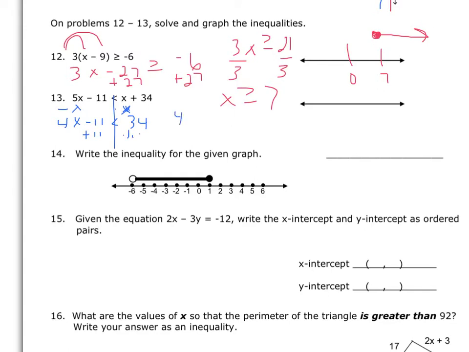And I end up with 4x is less than 45. And I'm going to divide by 4. And we get x is less than 11 1/4, or 11.25.